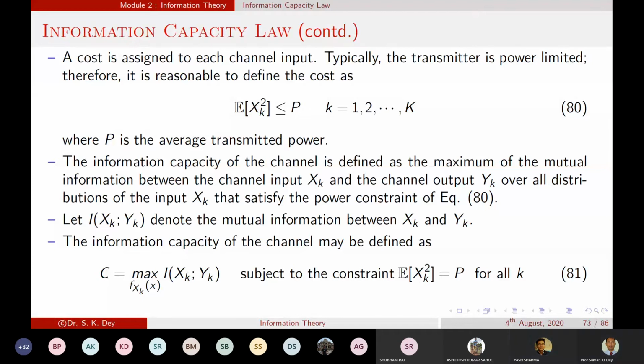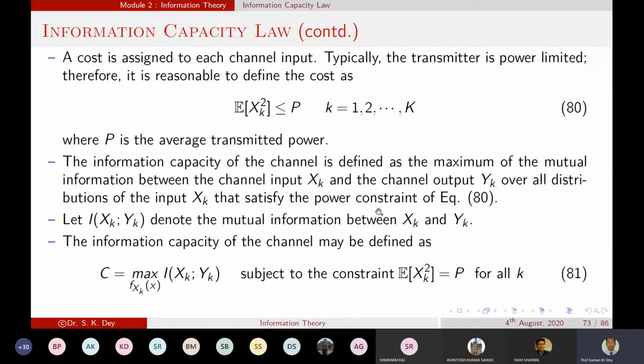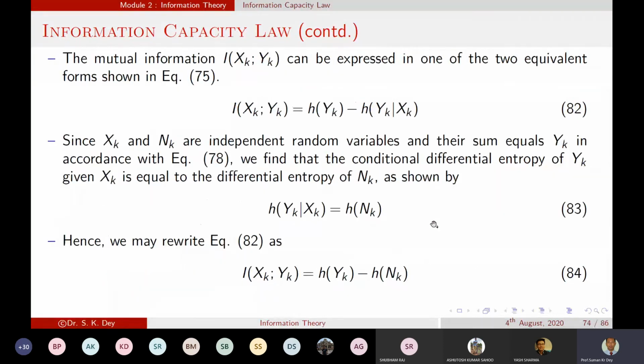Yes, sir. That information capacity equation, we already considered when we discussed channel capacity. So now we are talking about the information capacity: how much information is there? The mutual information between input and output, Xk and Yk, we can write like this: I of Xk comma Yk.